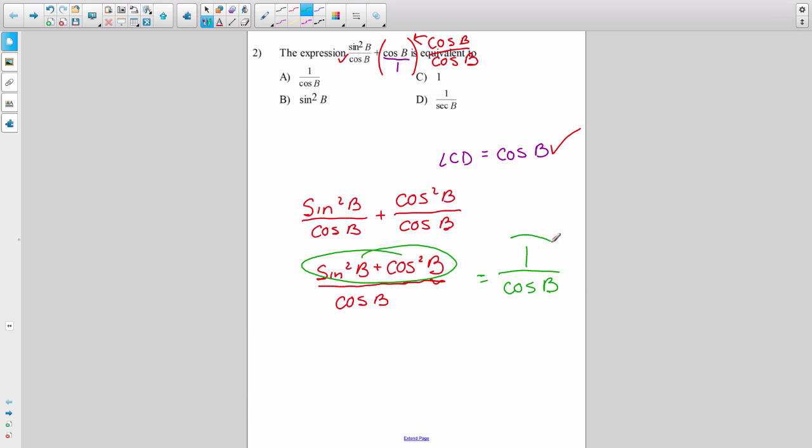But we now know this, 1 over cos, is actually equal to secant, which is right here. Sorry, choice A, 1 over cosine b.